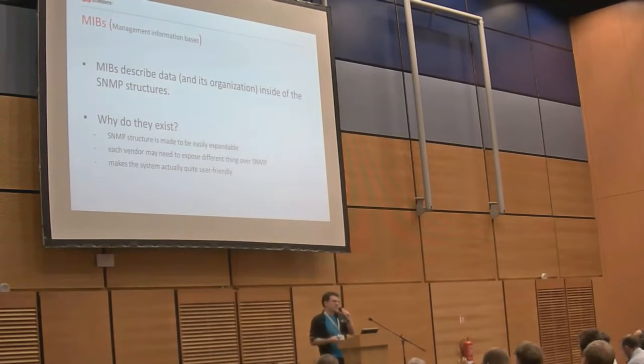For example, a server doesn't need to expose wireless access point information, but a MikroTik device, if it's running an access point, you want that information to be there inside of SNMP. So MIBs actually make the SNMP system quite user-friendly and quite easily expandable.